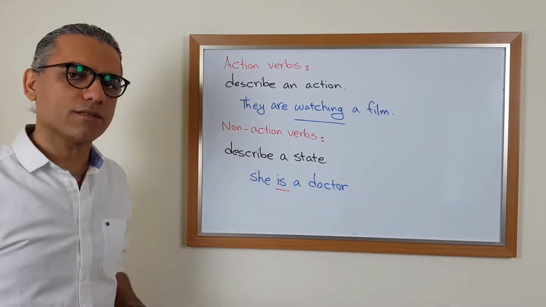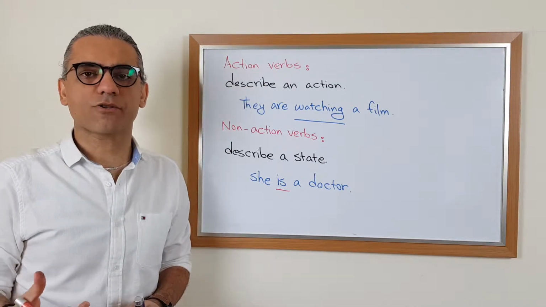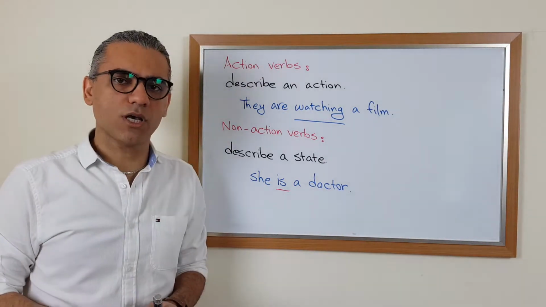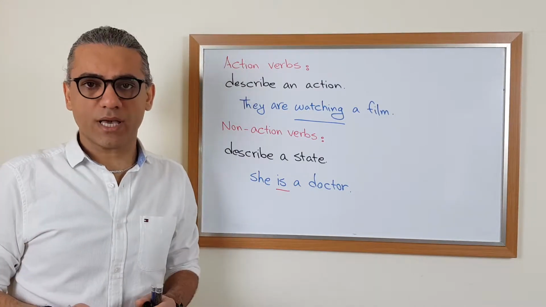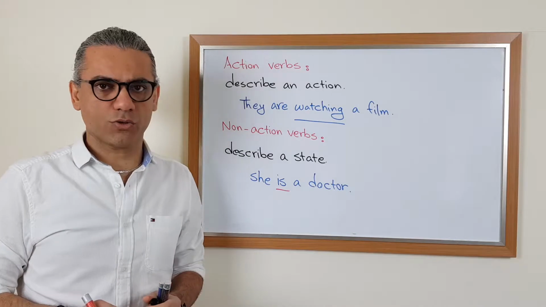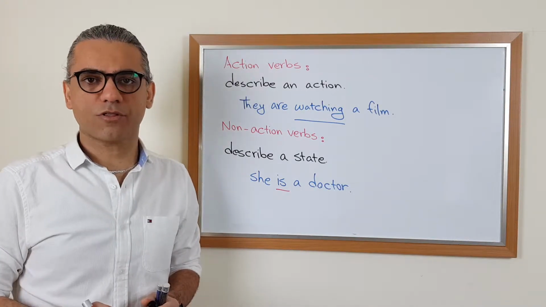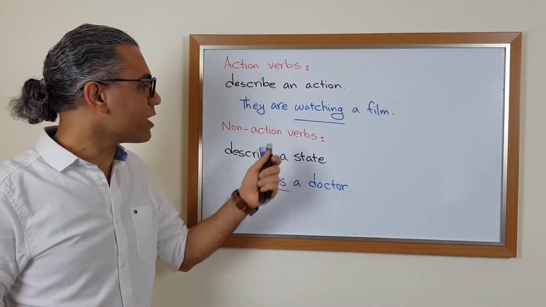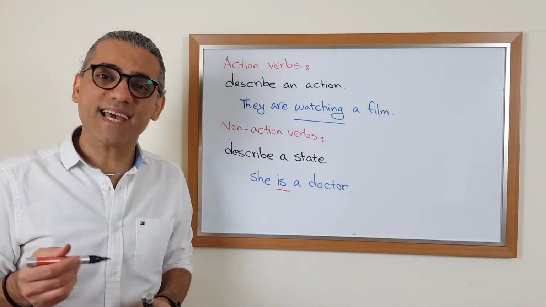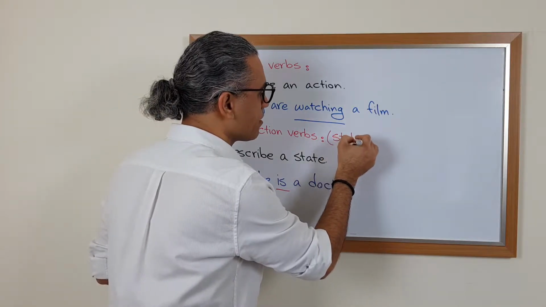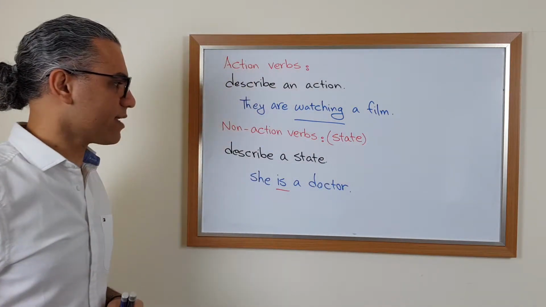To be a doctor doesn't involve any action. It is just describing a state. She is a doctor, or they have a big house, or this car belongs to them. These are all non-action verbs because they don't involve any action. Sometimes we call non-action verbs state verbs. That is the reason because they always describe a state.